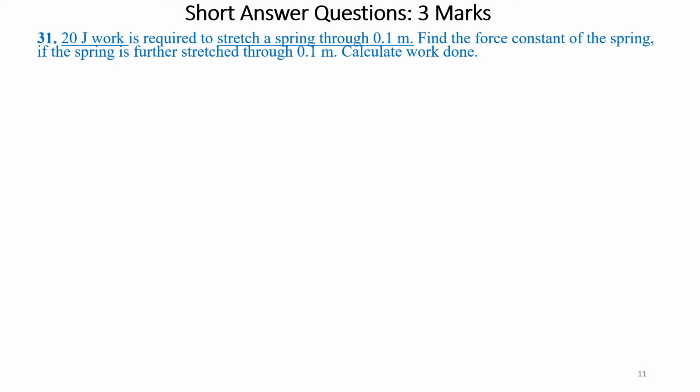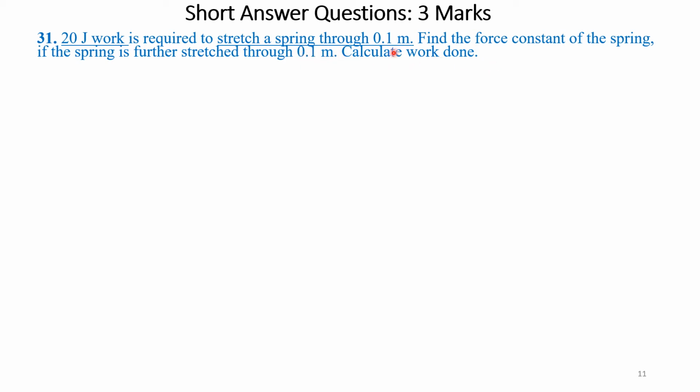We will continue answering 3 marks questions. Question number 31. 20 joules of work is required to stretch a spring through 0.1 meter. Find the force constant of the spring. If the spring is further stretched through 0.1 meter, calculate the work done.